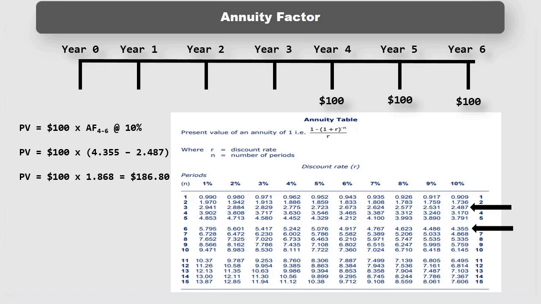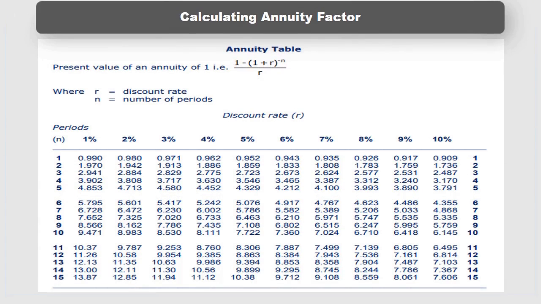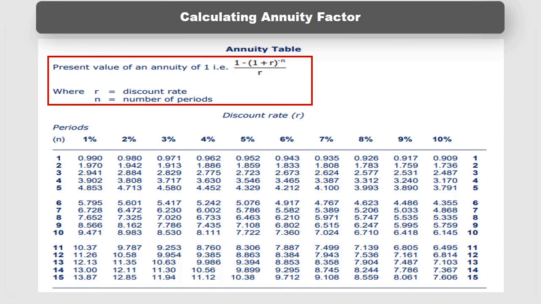So the present value would be $100 times 1.868 equals $186.80. Occasionally you might need to use an annuity factor that's not given to you in tables. The formula to calculate an annuity factor is shown above the tables in the exam.